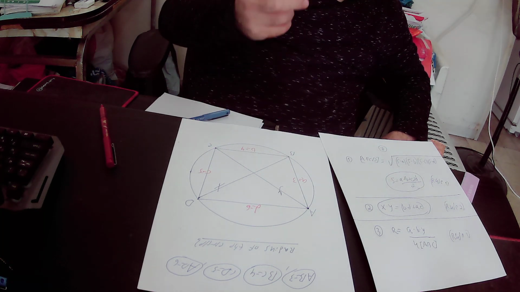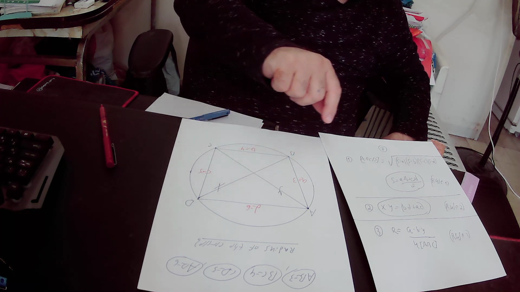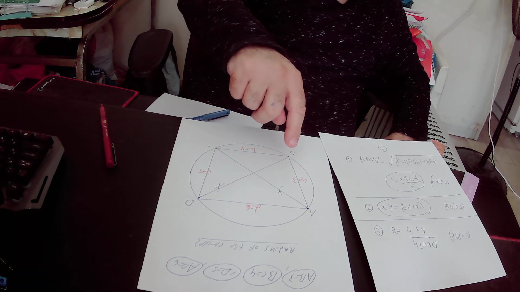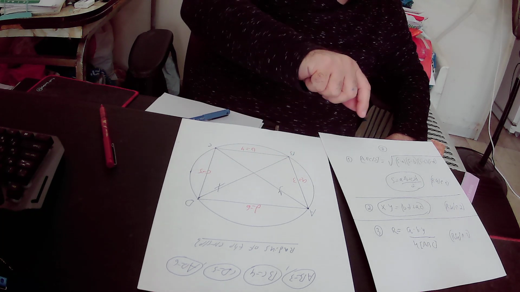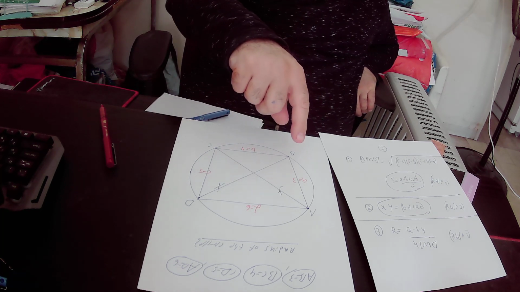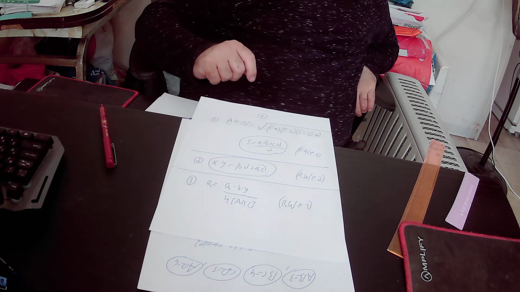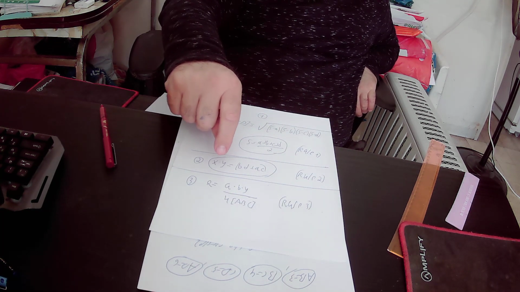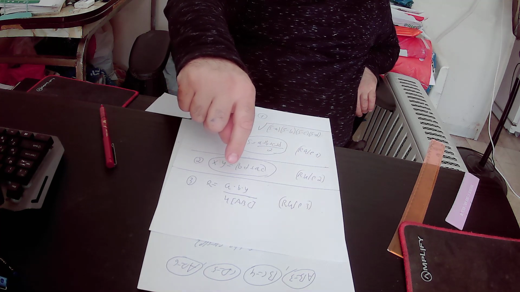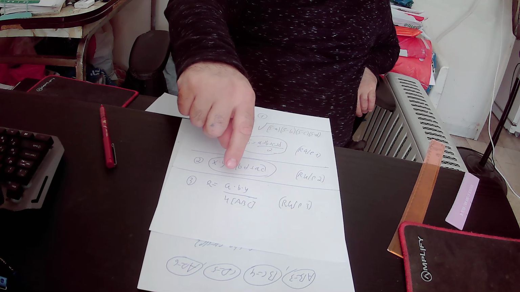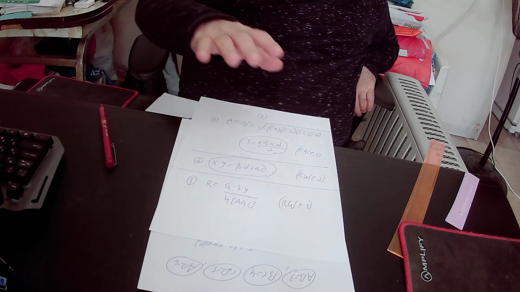Therefore, according to rule number 3, the radius of the circle that blocks triangle ABC equals the product of triangle ABC's sides, that is to say a times b times y, over 4 times the area of triangle ABC.